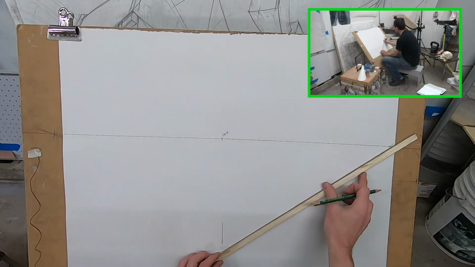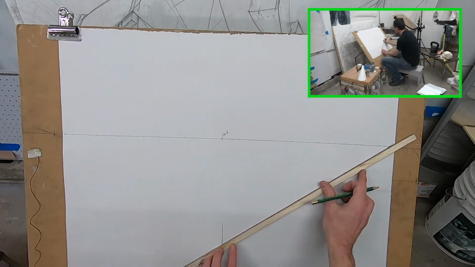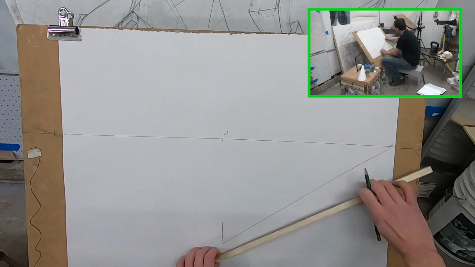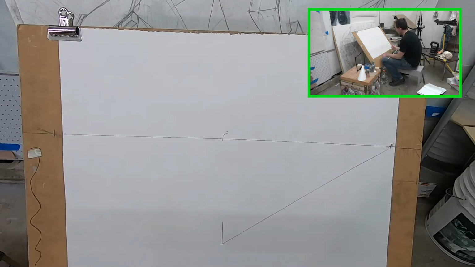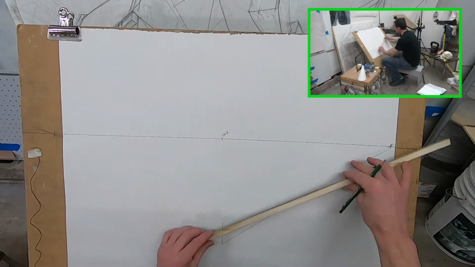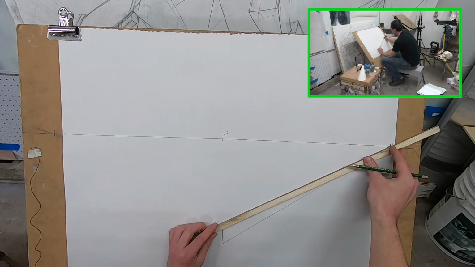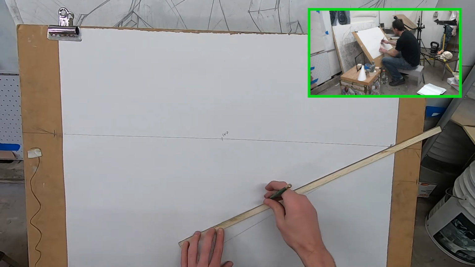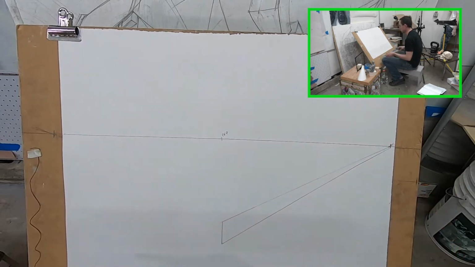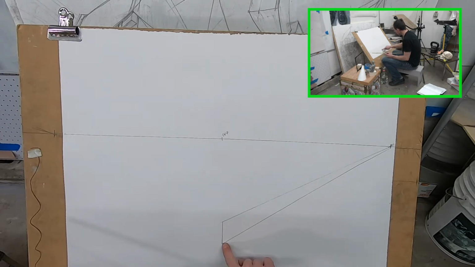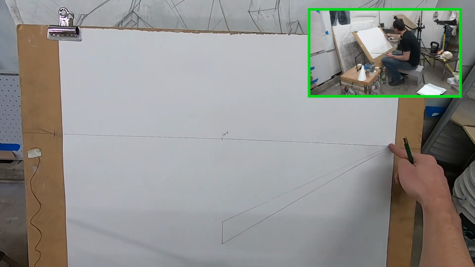Now, let's put that angle in. Once I put that angle in, then the rule of convergence starts to come into play, and all angles that are parallel will converge at the same point. So if we're drawing a cube, maybe I should get that base square first before we build up. Let's do that. If I'm drawing a cube, then this angle meets the horizon line.